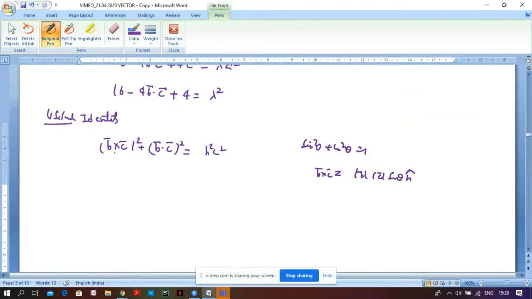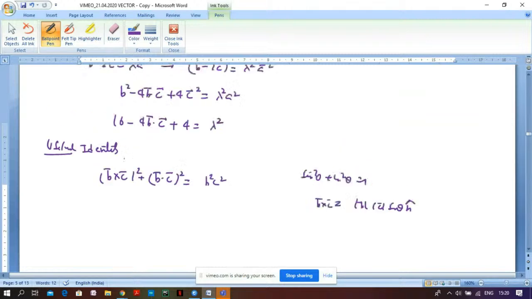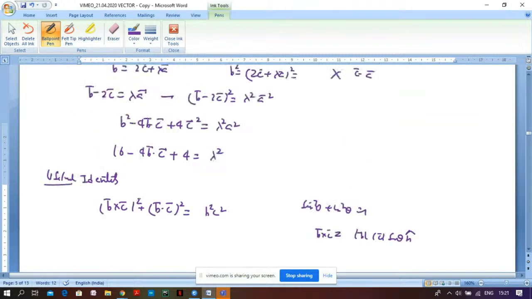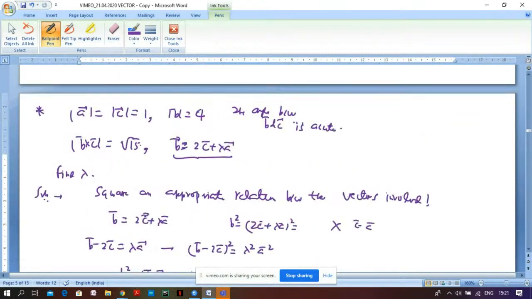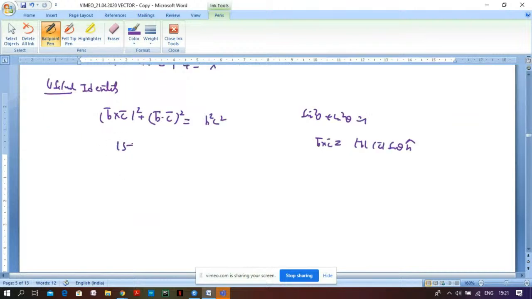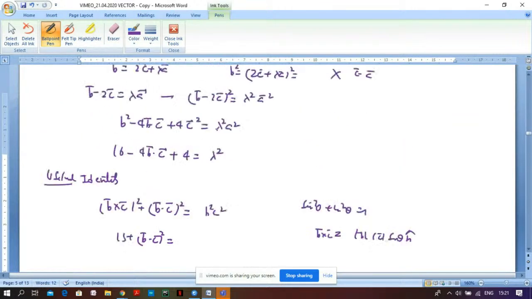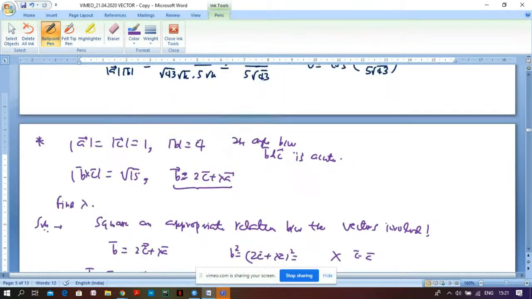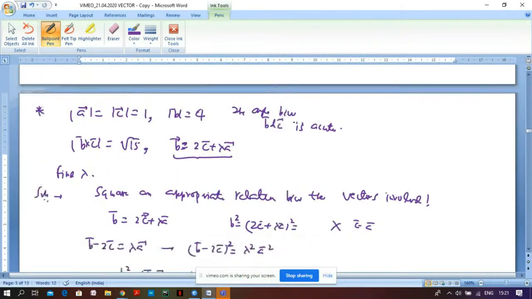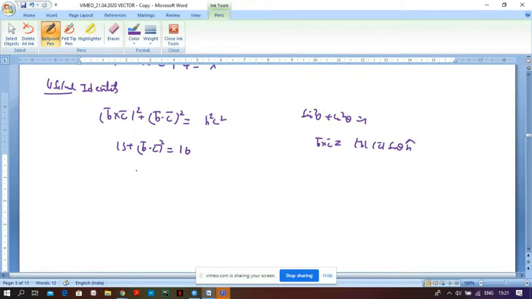So this is true. Now when you see b cross c squared, we see that b cross c is given as root 15. So this number is 15 plus b dot c whole square, and this b squared c squared is, of course, given to be 16 into 1, so that is 16. So b dot c square is 1.